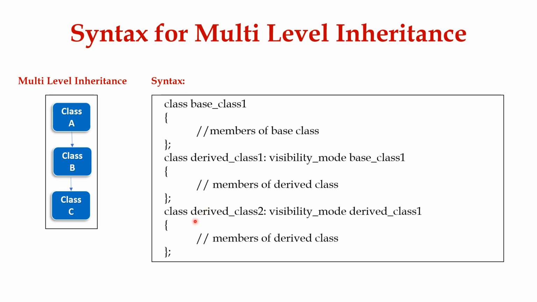Finally, we have defined the class definition for derived class 2, where derived class 2 inherits the properties of derived class 1, and has its own member variable and member function. So, hope you are clear on the syntax for multi-level inheritance.